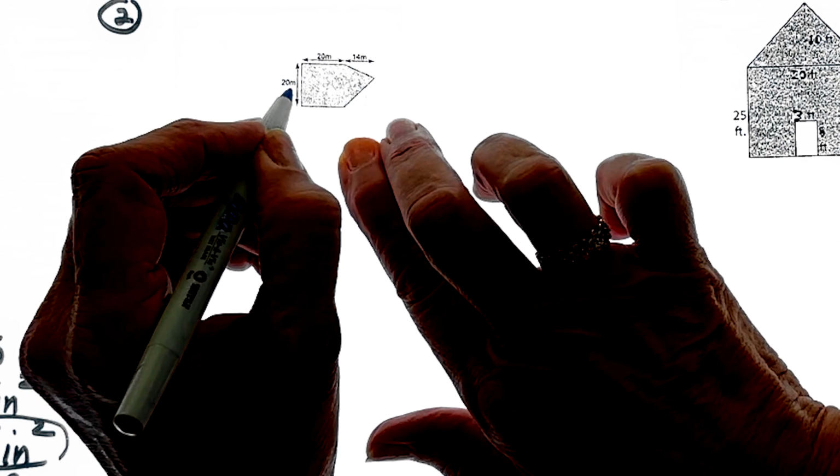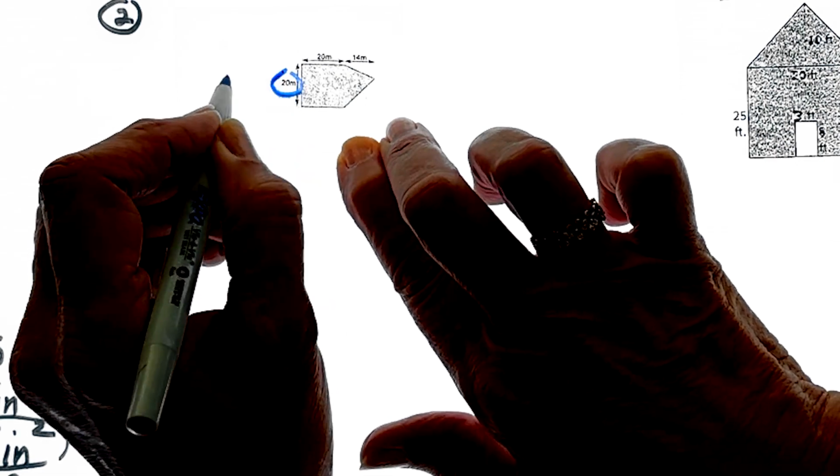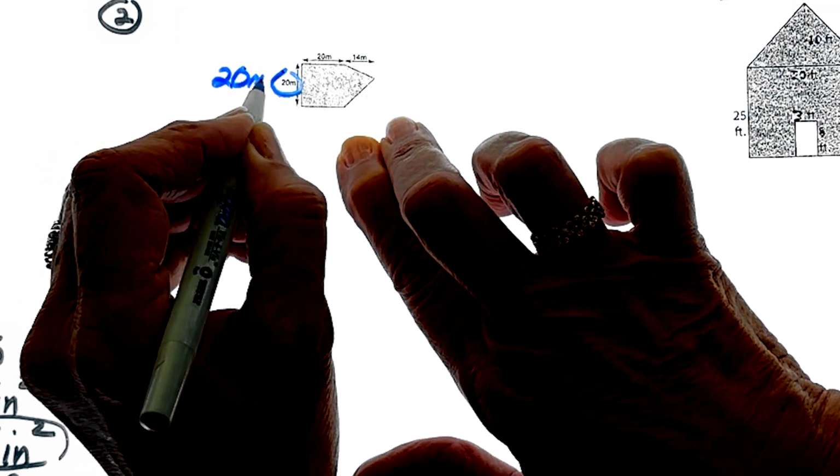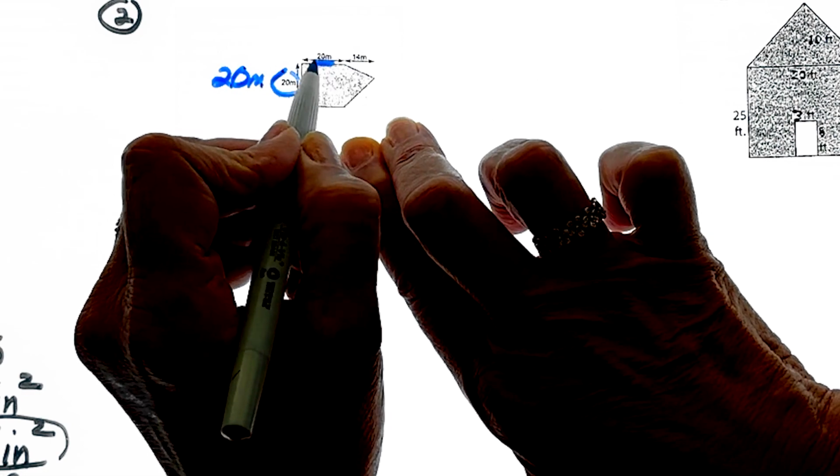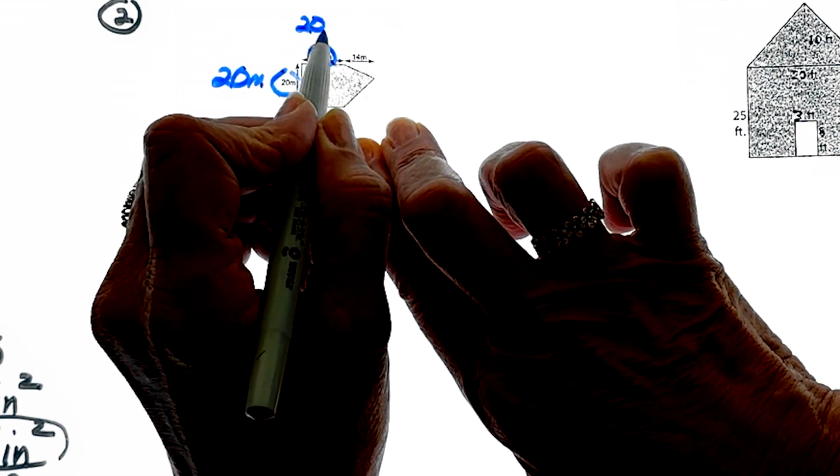As I'm looking at that picture, I see that it's not a rectangle, it's a square, and then I have a triangle. So let's mark these numbers. This dimension is 20 meters. And this dimension is 20 meters.